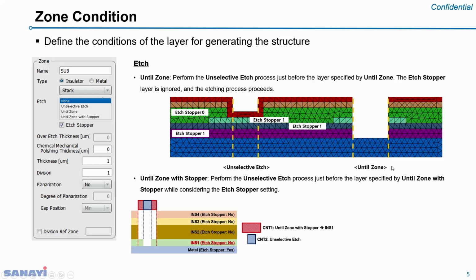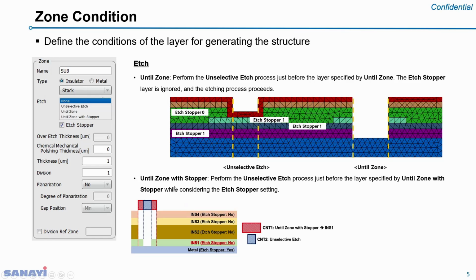On the other hand, if this blue layer is selected in the until zone, whether there are etch stopper layers or not, the etching process proceeds until just before the blue layer. So, that is the difference between unselective etch and until zone.